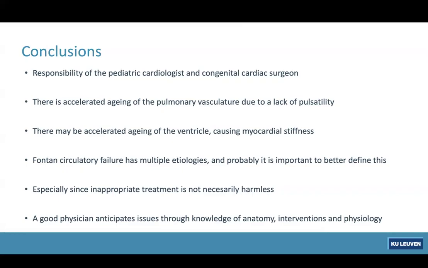And I think we, as ACHD physicians, are very good at waiting, but we should anticipate issues through knowledge of anatomy, interventions, and physiology, and anticipate those issues before overt failure occurs.